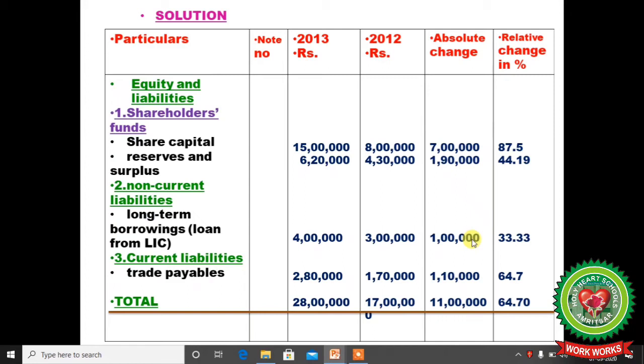The difference is 1 lakh and the relative change is 33.33%. Under current liabilities, trade payables are 2 lakh 80,000 minus 1 lakh 70,000. The absolute change is 1 lakh 10,000 and the percentage change is 64.7. So in the previous year the creditors were less, your liability was less, and this year more.